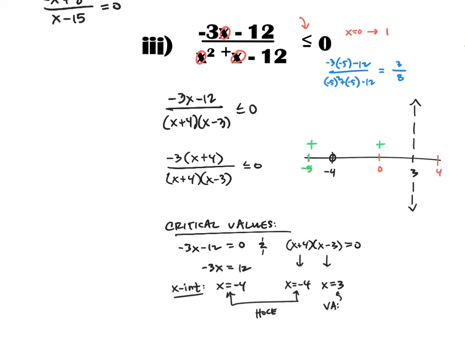That's interesting. Okay, so let's plug in a 4. So negative 3 times 4 minus 12 over 4 squared plus 4 minus 12.